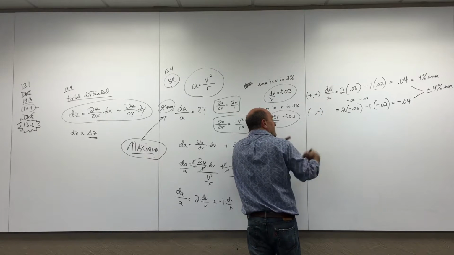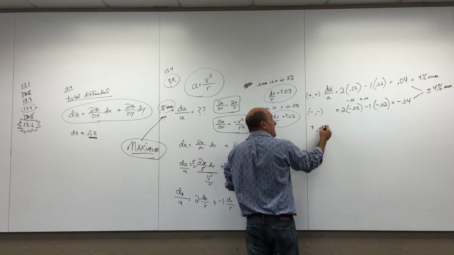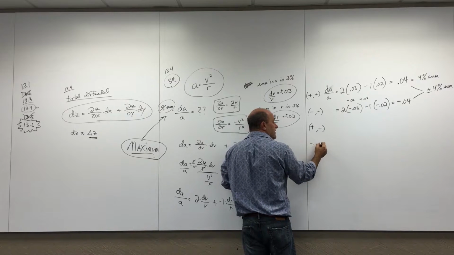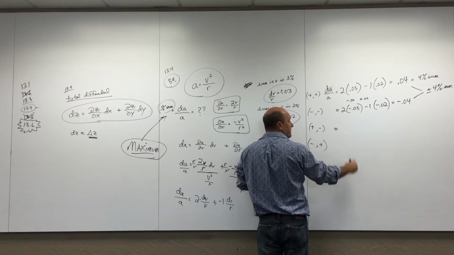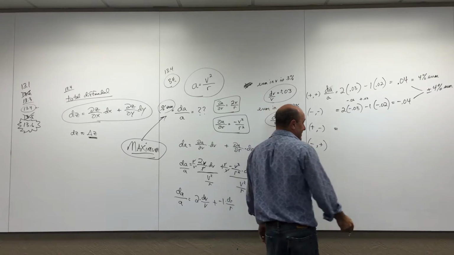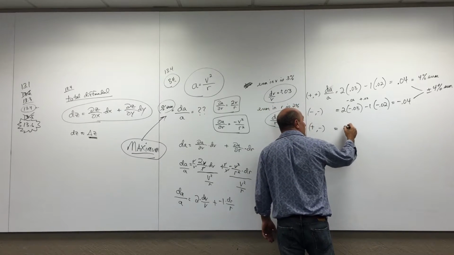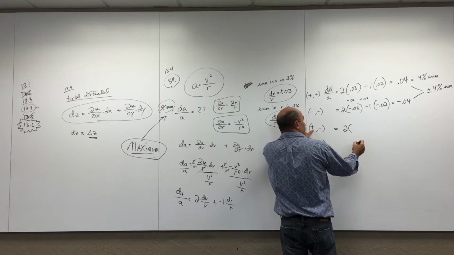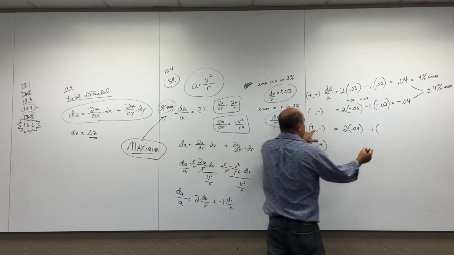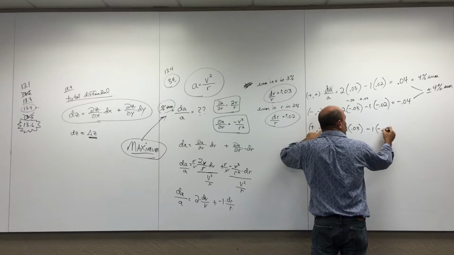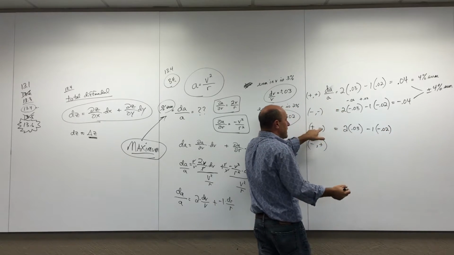Maybe I should check out the plus and then the minus, or the minus and then the plus. If the second one is minus or vice versa, that's going to be bigger. So here we go. 2 times, if this first one's plus 0.03, then a -1, and then the second one's a minus 0.02. That's my plus-minus situation.